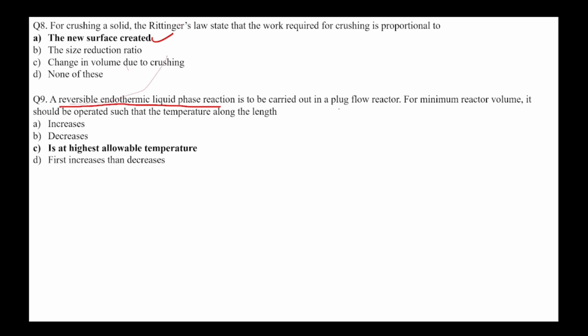A reversible endothermic liquid phase reaction is to be carried out in a plug flow reactor. For minimum volume, the reactor should be at the highest temperature. See, this is a reversible endothermic reaction: CA at t equal to 0, CA at some time, CA at t equal to infinity. So since it is reversible endothermic, we have to provide a minimum temperature so that the reaction will proceed. So temperature at the start will be increased.